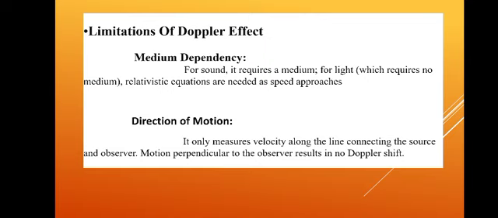Next, what are the uses of Doppler effect? Many people mistake the Doppler effect to be applicable only for sound waves. No, it works with all types of waves including light. The list of few applications of the Doppler effect is sirens, radar, astronomy, medical imaging.